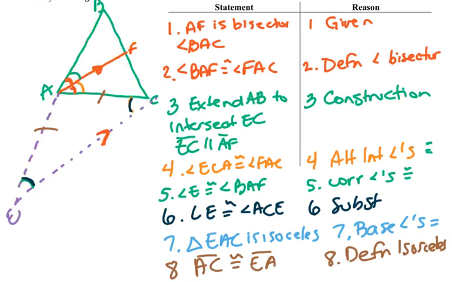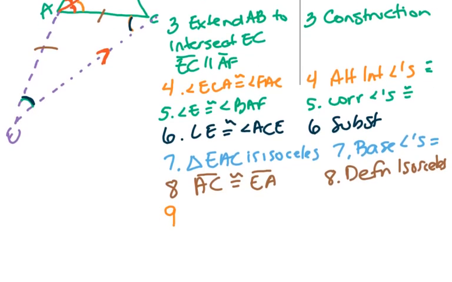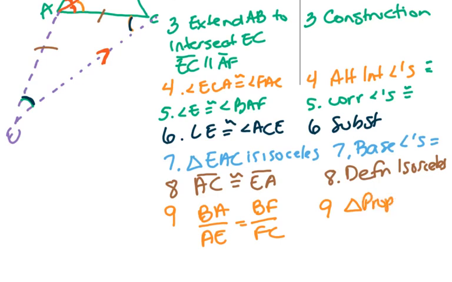So because of that, I'm going to say that BA to AE equals BF to FC. And that's the triangle proportionality theorem, the one we just proved before. So you can pause this and look at that picture and see what we're doing there.